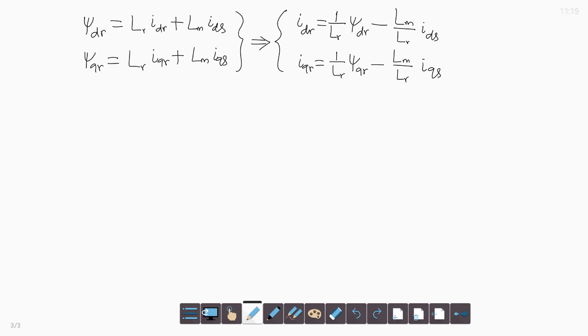As rotor currents are inaccessible, IDR and IQR cannot be sensed or measured.